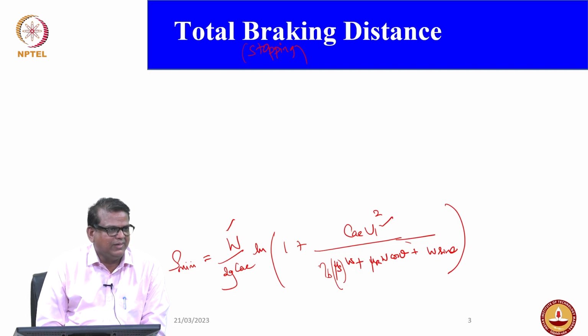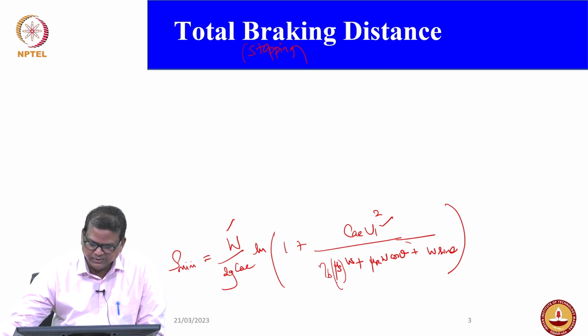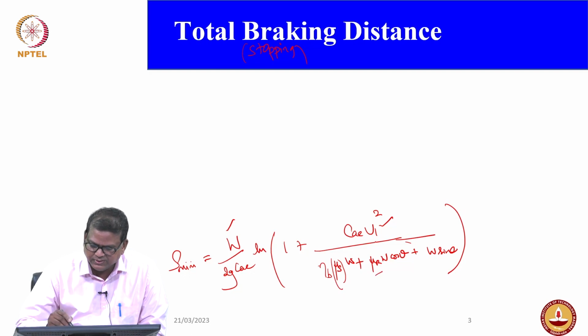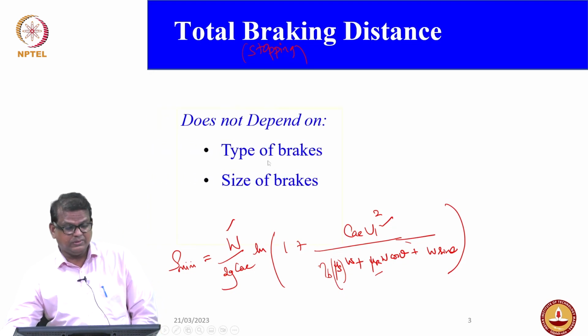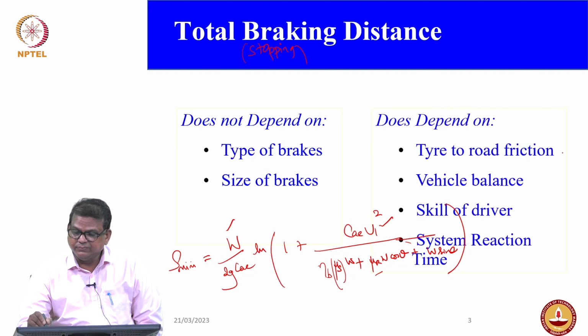Nothing, right? It purely depends upon the road adhesion coefficient μs, the rolling resistance, your velocity and the vehicle weight. It does not depend on the type of brake or size of the brake. It purely depends upon the tire-road friction μs.